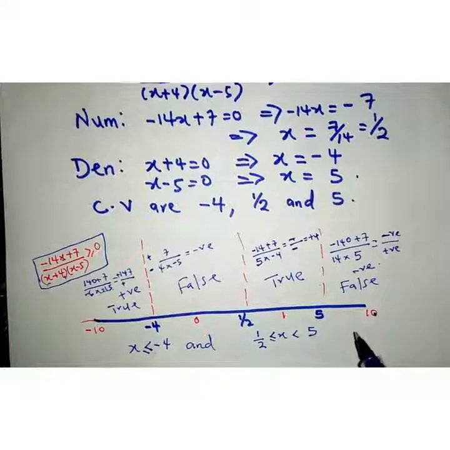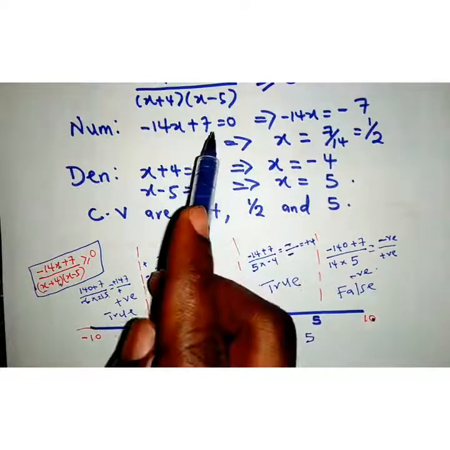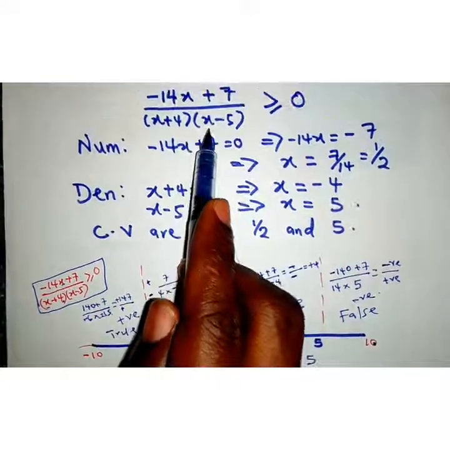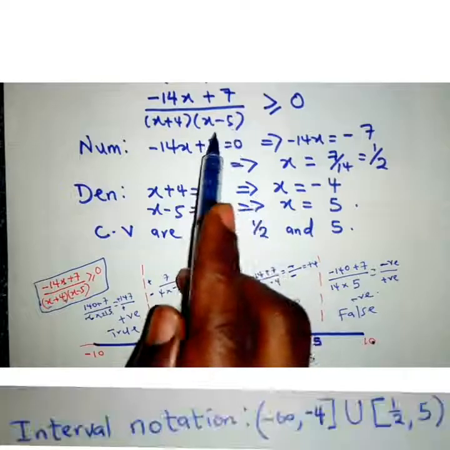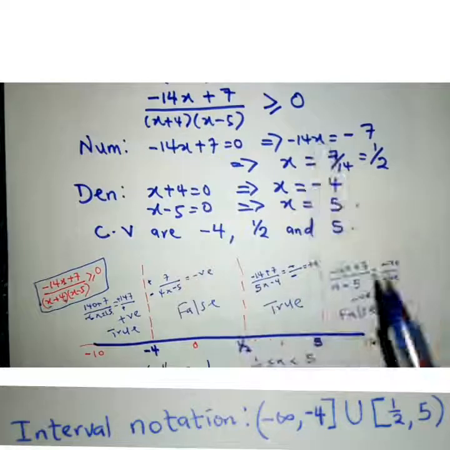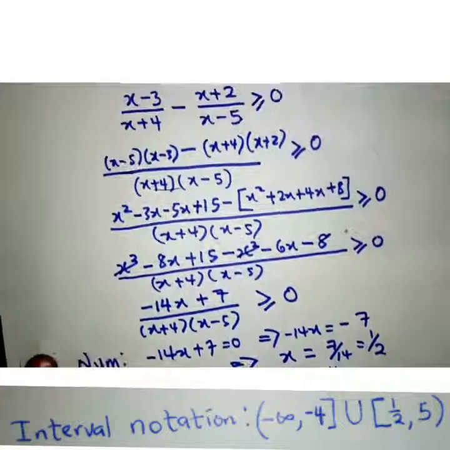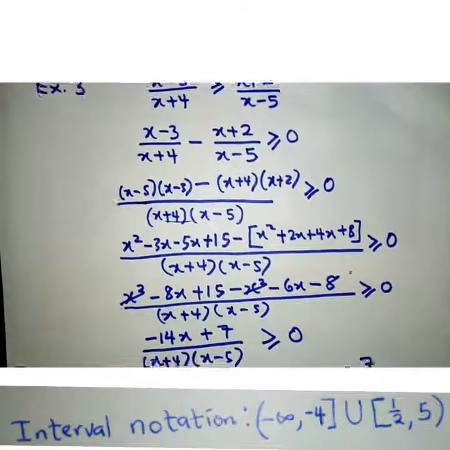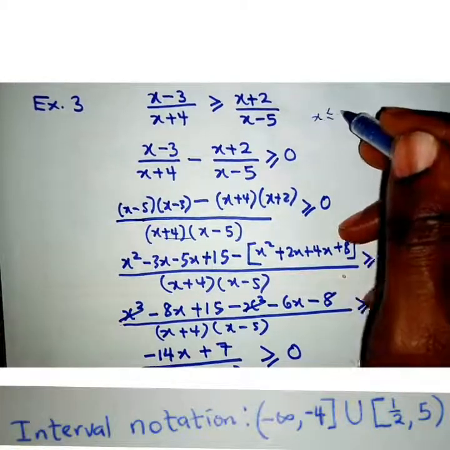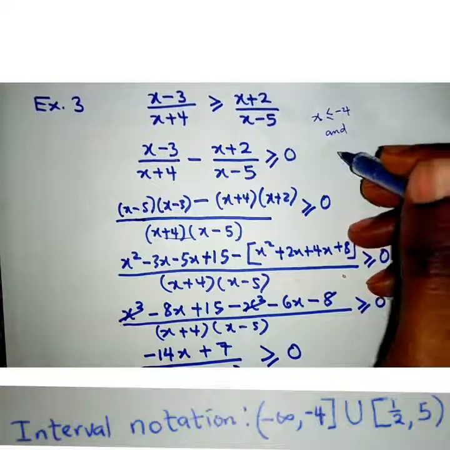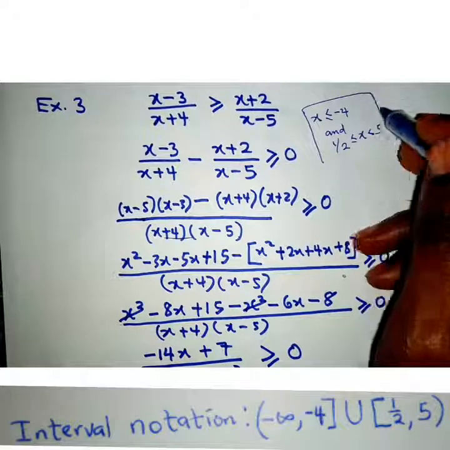Also take note, like the previous example, that we cannot include 5, because if we put 5 for x in our denominator, we have 0, and division by 0 is undefined, so we exclude 5 from the interval. So the solution to this original inequality is x less than or equal to minus 4, and 1/2 less than or equal to x less than 5. This is the solution to this inequality.